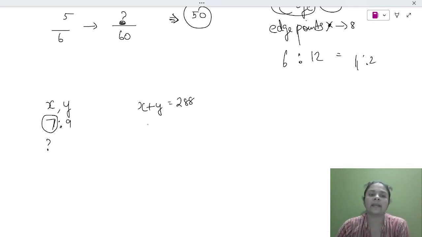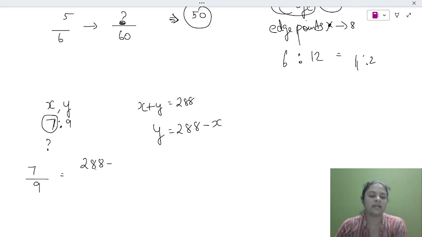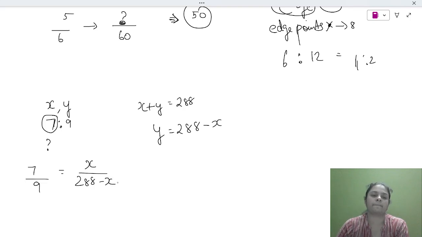Or, I can represent y as 288 minus x. So, I can say the numbers are in the ratio 7:9, which is x divided by 288 minus x.